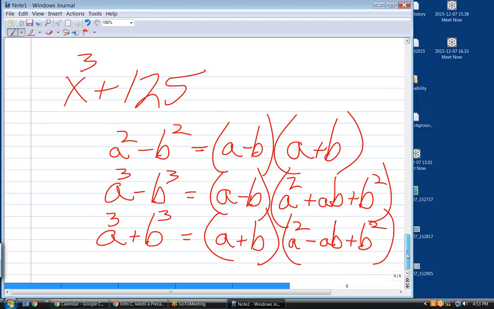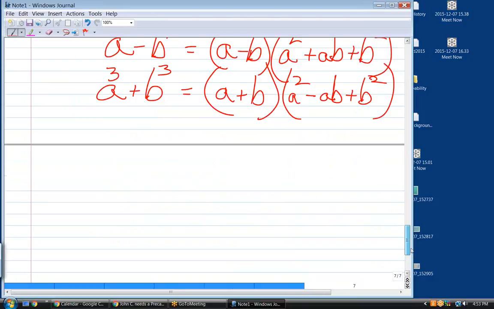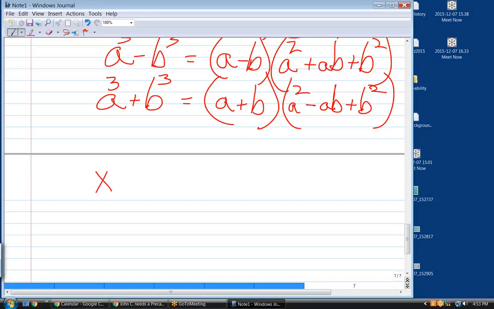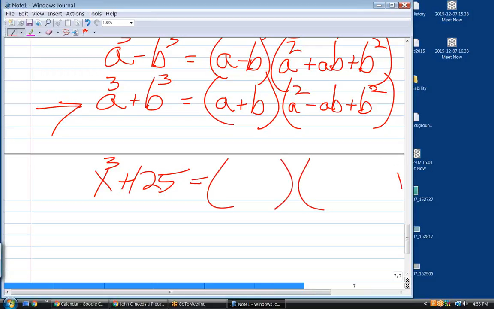And now we have x cubed plus 125. Well, that fits this one right there. What's A? What's B? A is x and B is 5.